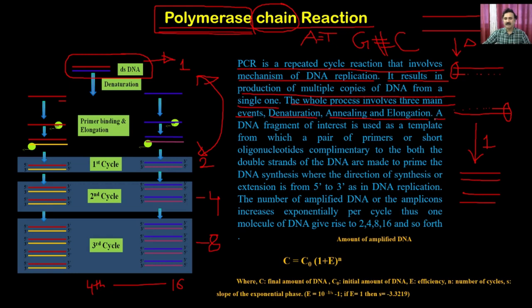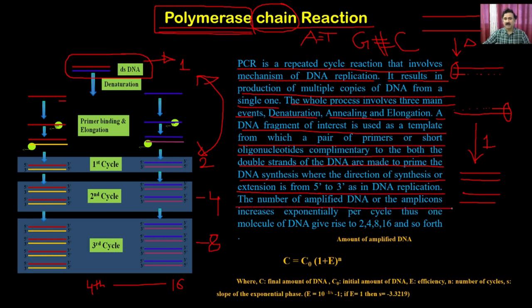A DNA fragment of your interest is used as a template, from which a pair of primers, or short oligonucleotides complementary to both strands of the double stranded DNA, are made to prime the DNA synthesis, whereas the direction of synthesis or extension is from 5 prime to 3 prime as in DNA replication. The number of amplified DNA, or the amplicon, increases exponentially per cycle. This means one molecule of DNA will give rise to 2, 4, 8, 16 and so forth as many cycles as you go.